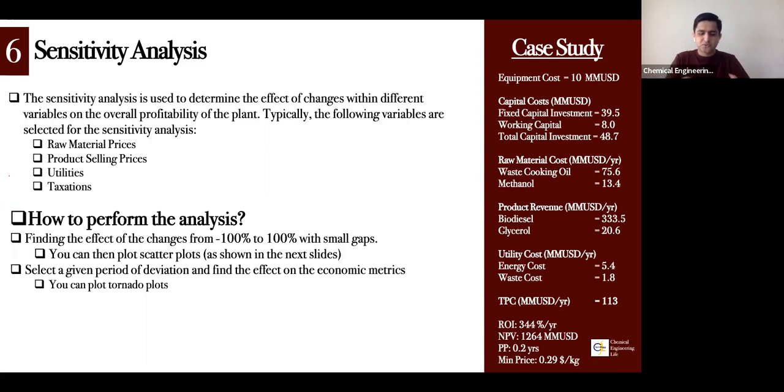Or you can do something where you select a predefined percentage, let's say 30%. Then you only do -30% and +30%. When you do those, then you plot something we call a tornado plot, where you have a line in the middle, and it will show you how it deviates on both sides.